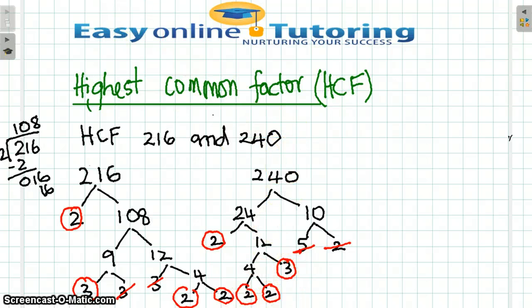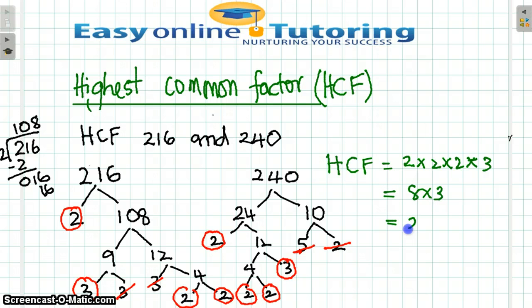So our HCF for 216 and 240 is equal to 2 times 2 times 2 times 3, which is 8 times 3, which is 24.